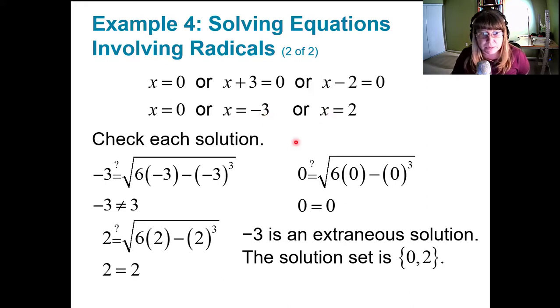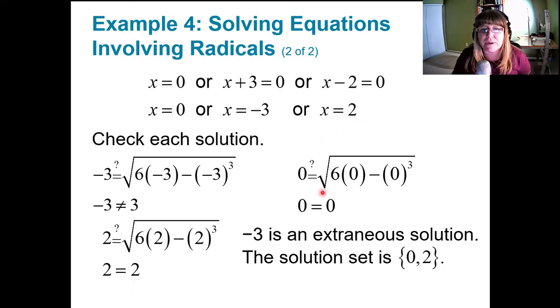Let's throw in our 2. Does 2 equal the square root of 6 times 2, which is 12, minus 2 cubed, which is 8? 12 minus 8 is 4, and the square root of 4 is 2. Okay, x equals 2 is a good solution.